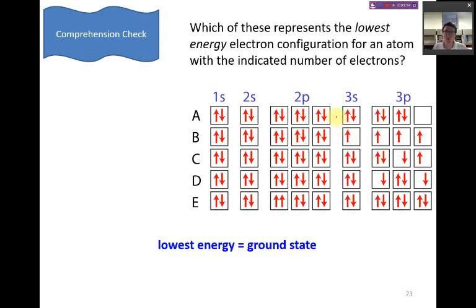For A, we want to know, is this the lowest energy configuration for what is being depicted? We can see that all of the lower energy subshells here in A are occupied, which is good for lowest energy. However, here we have doubly filled 2 sets of orbitals when we could have had a single filled orbital in one.